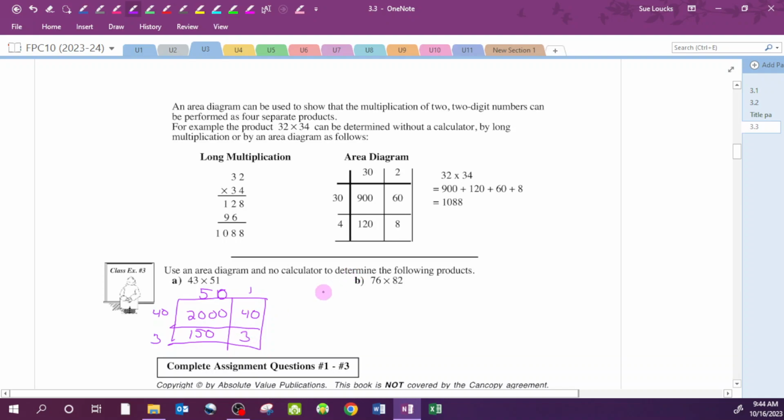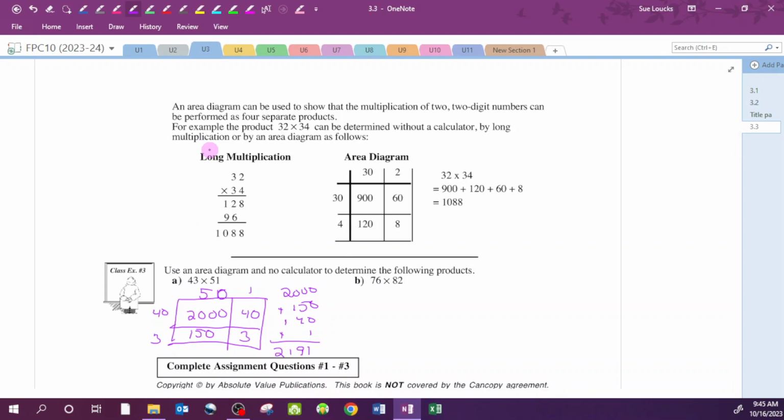And then this is 3. If I go 2,000 plus 150 plus 40 plus 1 and add all that together, I get 1912. And if you take out your calculator, you'll find that that is the correct answer.